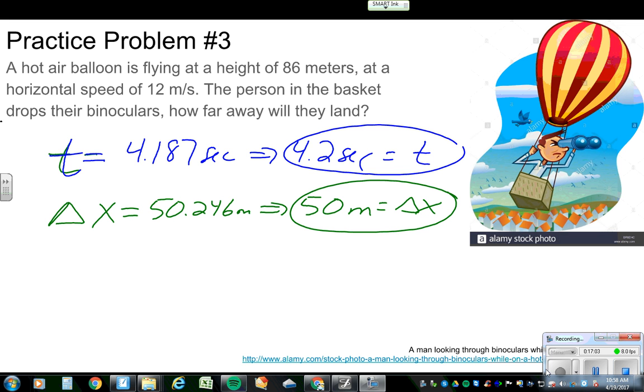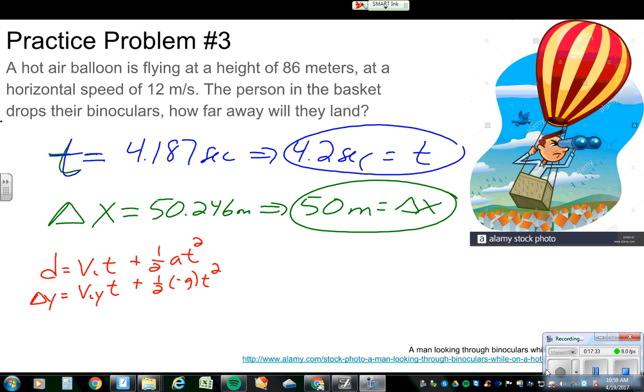To find my time, I used my kinematic equations in the y direction. So I chose that same equation from before, d equals v_i t plus 1/2 a t squared. I subbed in my variables, so change in y is equal to my initial velocity in the y direction times time plus 1/2 times negative g t squared.